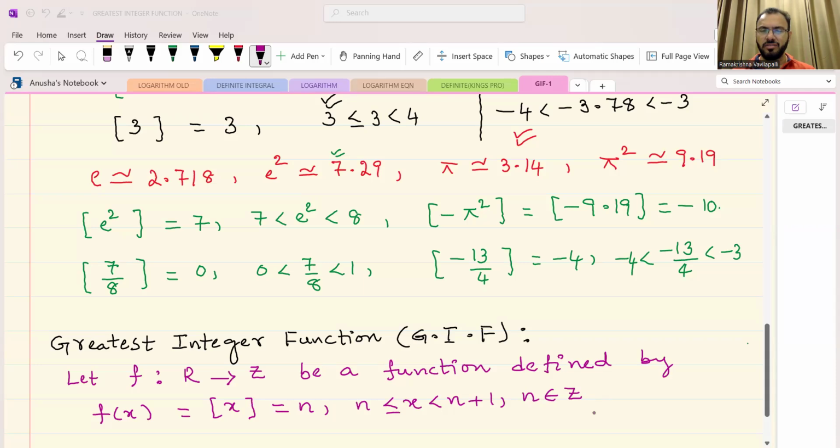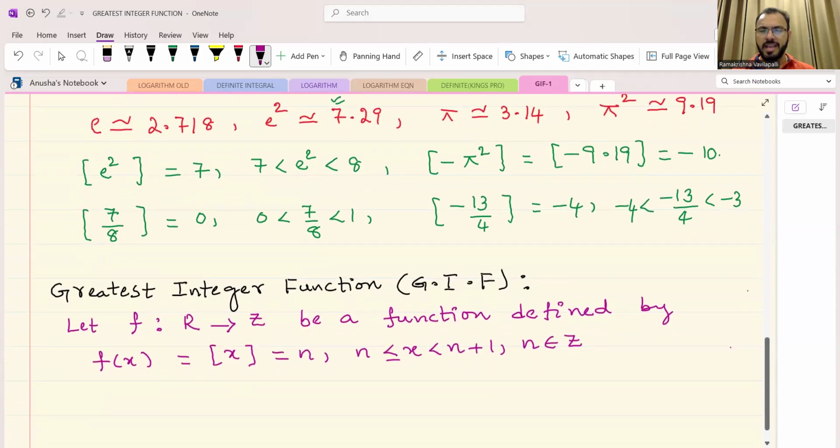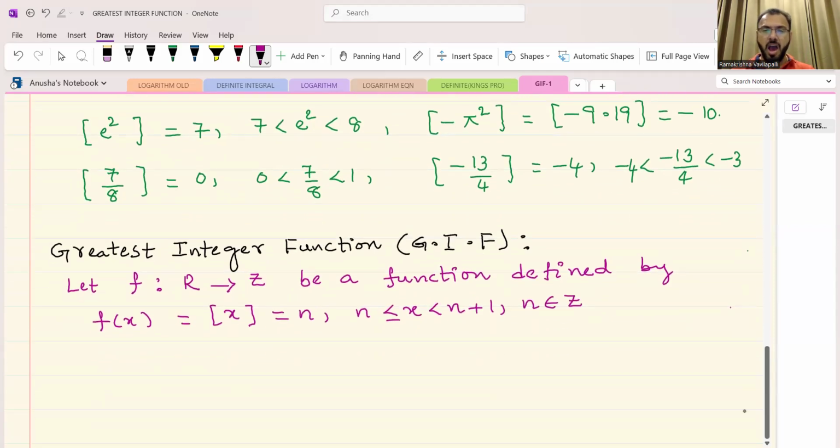Greatest integer function, we call it like a GIF, or it is also a floor function. We always take integer less than or equal to given number. So let f map from set of real numbers to set of integers be a function defined by f of x equal to integral part of x.